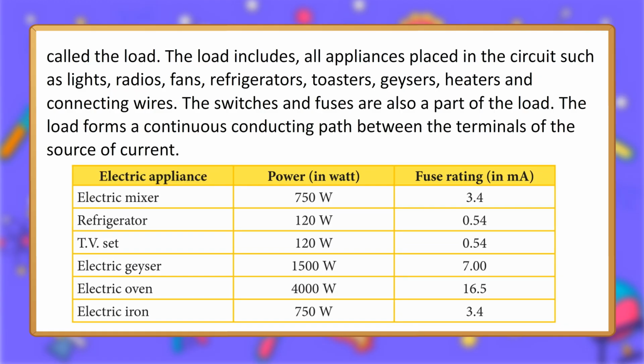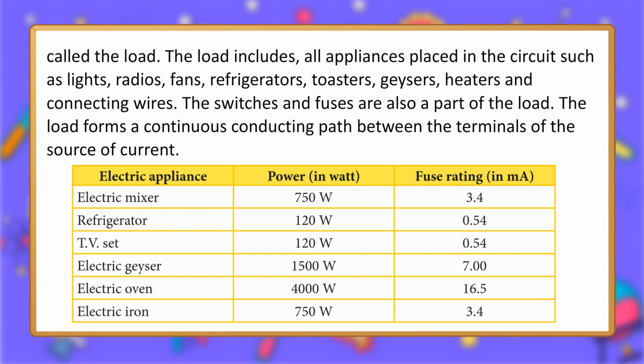Electric appliance, power in watts, fuse rating. Electric mixer, 750 W, 3.4. Refrigerator, 120 W, 0.54.